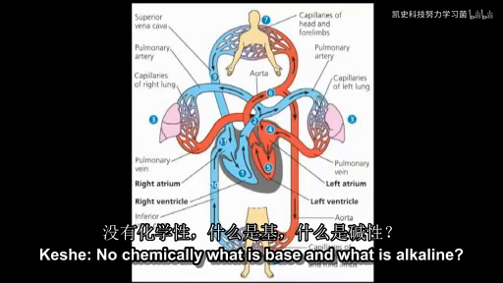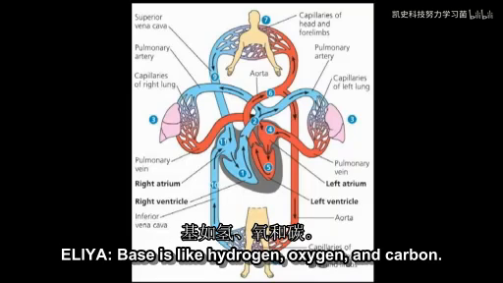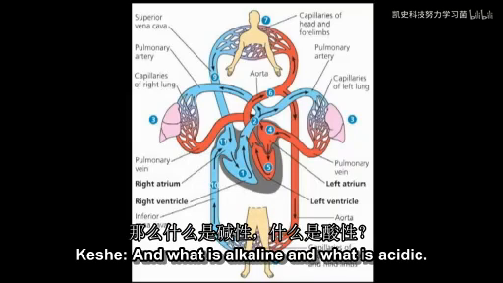No, chemically, what is a base and what is alkaline? A base is like, how do you say it in English, they have hydrogen, they have oxygen, and carbon. This is a base. Yes, and what is this? What is alkaline and what is acidic?